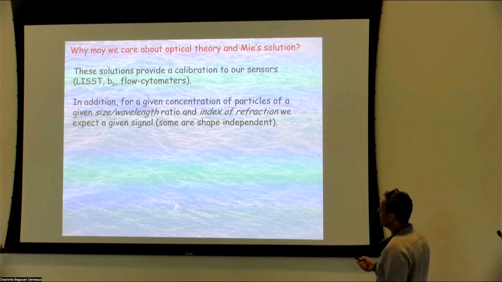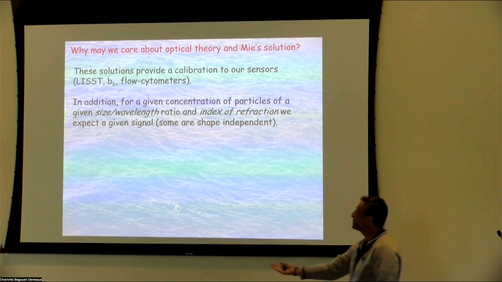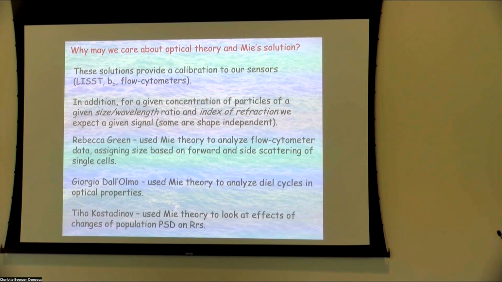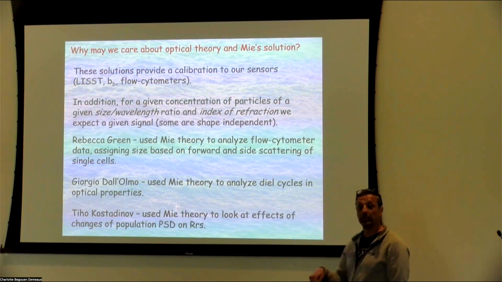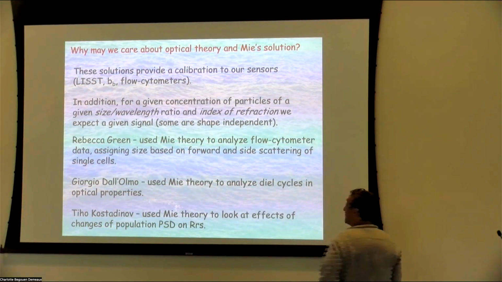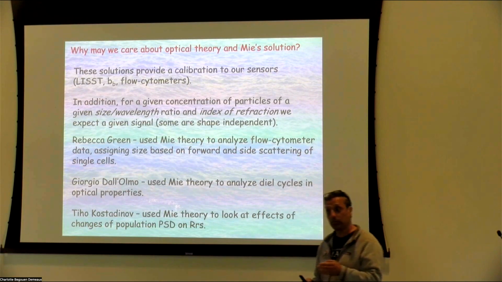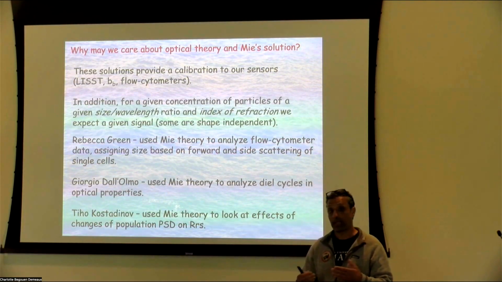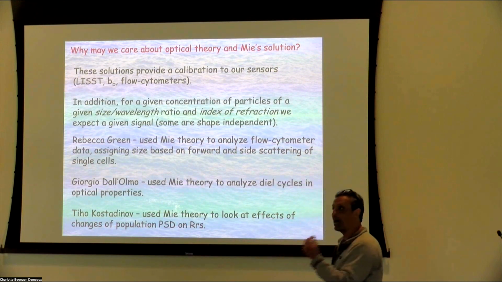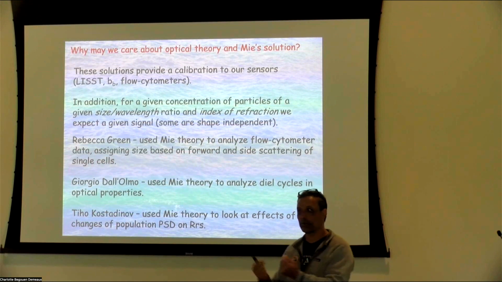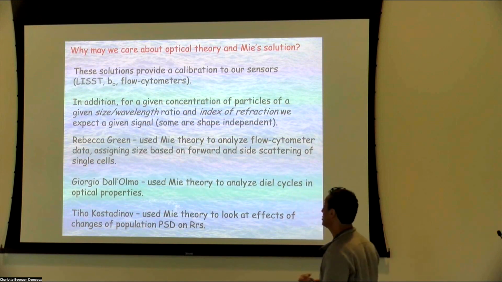And in essence, what signal am I expecting to get from something? We have three students that took this class that used Mie theory for their thesis. Rebecca Green used Mie theory in flow cytometry. So in flow cytometry, you basically infer size from forward scattering. And to understand how that happens with a phytoplankton, not your bead that you calibrate against, and what's the difference, you need to do these calculations.